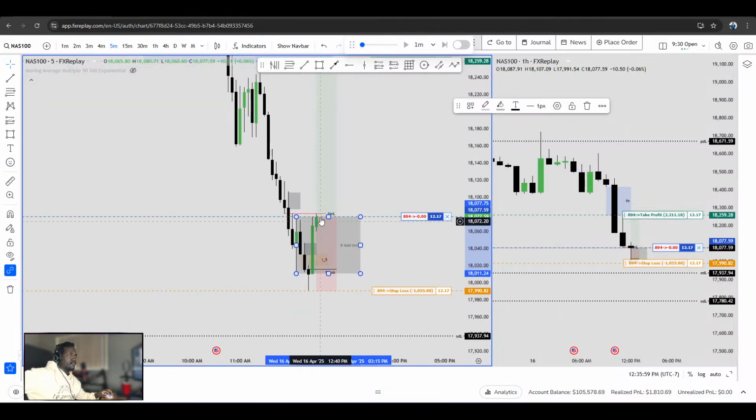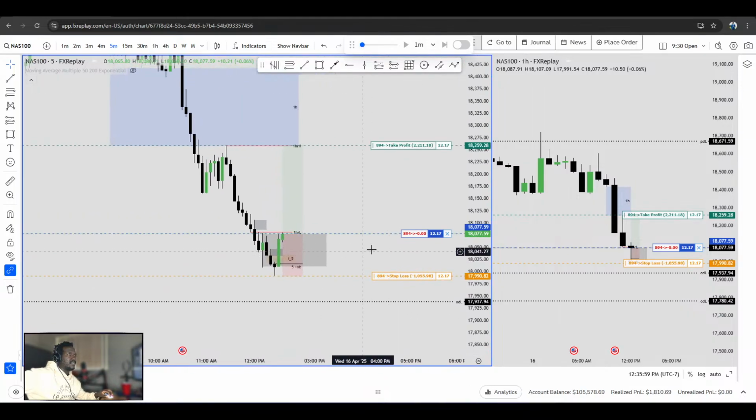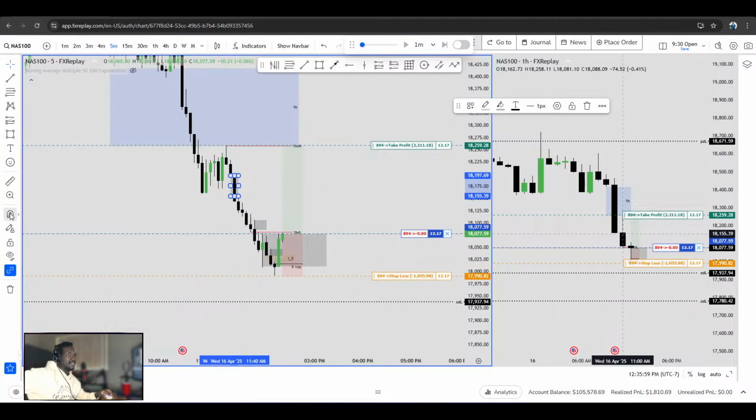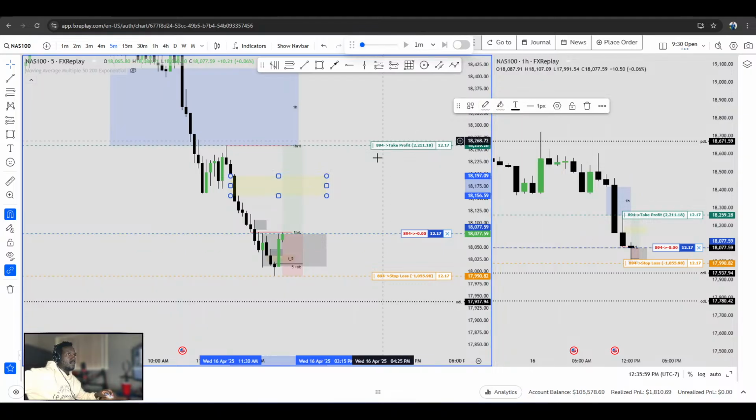So a 5-minute body close above this zone. If we do retest, that's looking good. What time is it? Still early. No, 12:35 is not that bad, but I need to watch out for this guy here. That one, you gotta watch out for that. 5 minute.